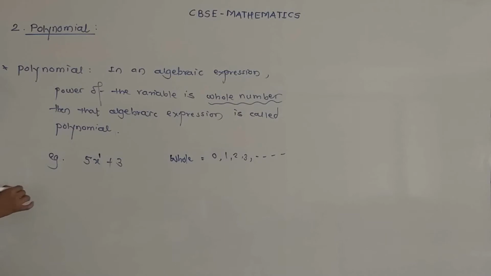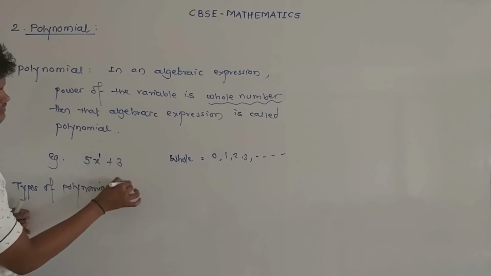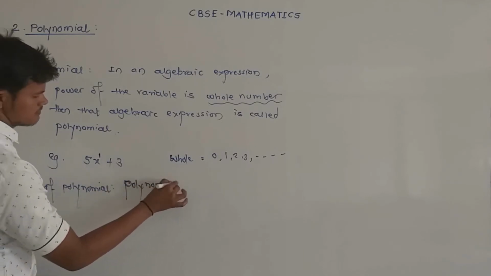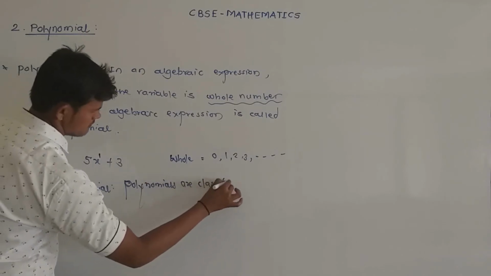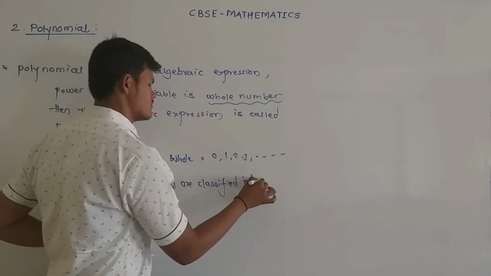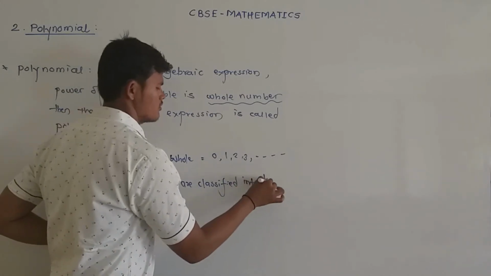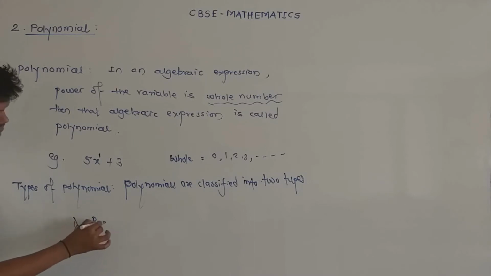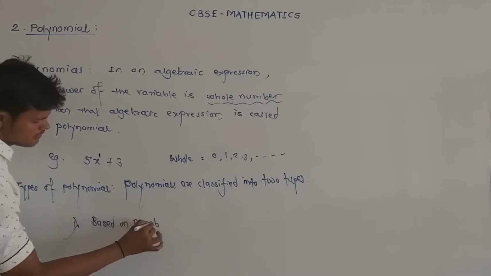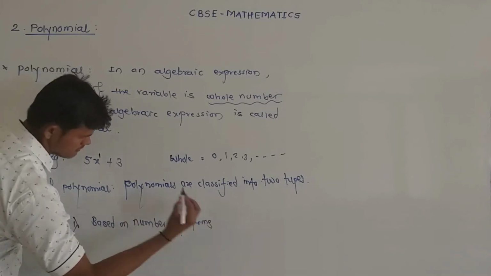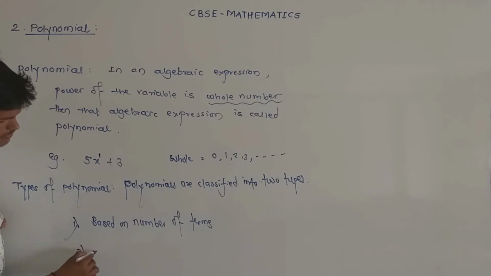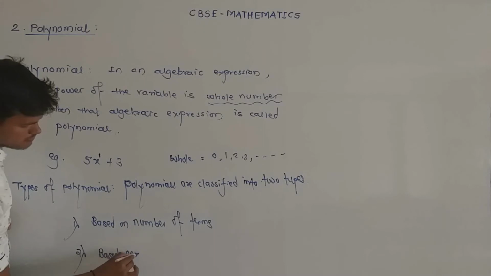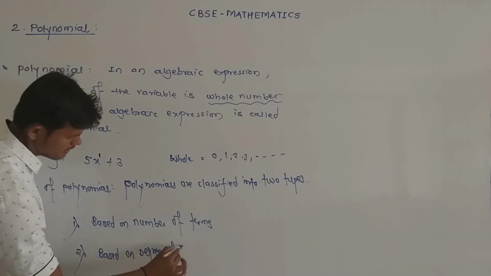First, types of polynomial based on number of terms, and second, types of polynomial based on degree of polynomial.